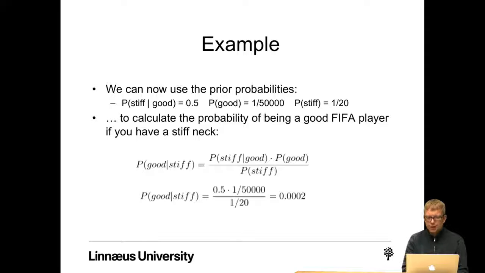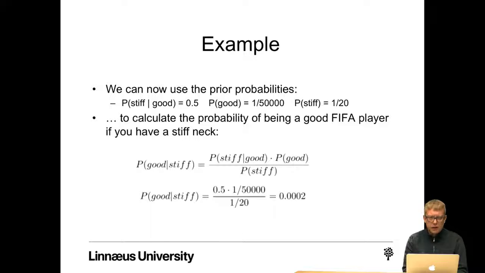We can use these to calculate the probability of being a good FIFA player if you have a stiff neck. We just take our formula and put in what we're interested in. We're interested in the probability of being a good player given a stiff neck, and that's calculated as the probability of having a stiff neck given being a good player, multiplied by the probability of being a good player, divided by the probability of having a stiff neck.